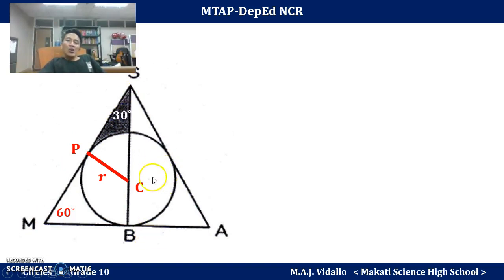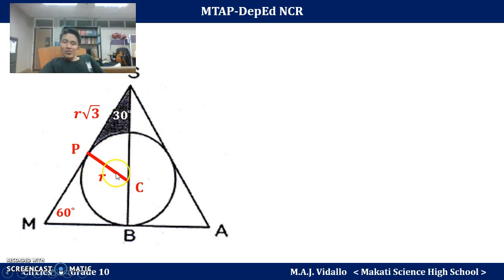Now, this radius here is actually perpendicular to the tangent MS, so this is also 90. That gives us what kind of triangle? Special triangle. Correct. Since this is perpendicular and this is 30, I have a 30, 60, 90 triangle.